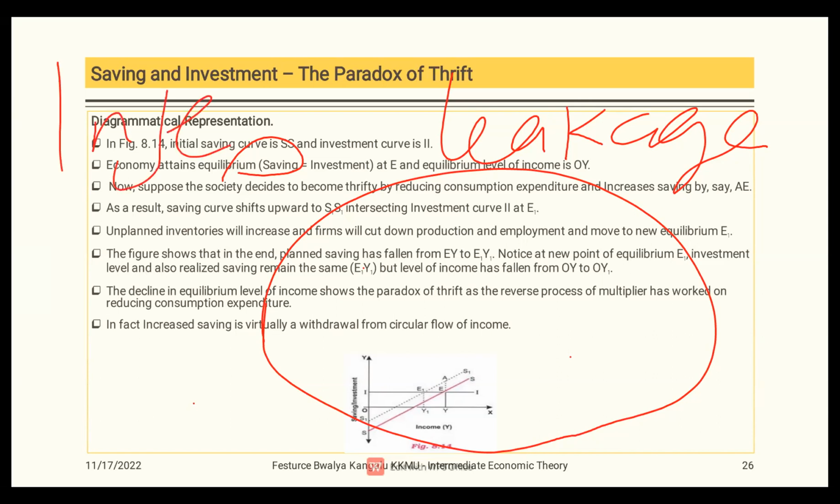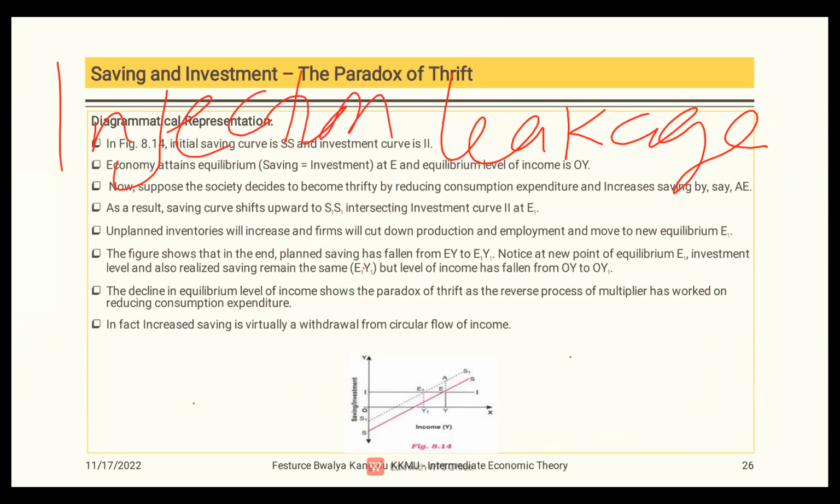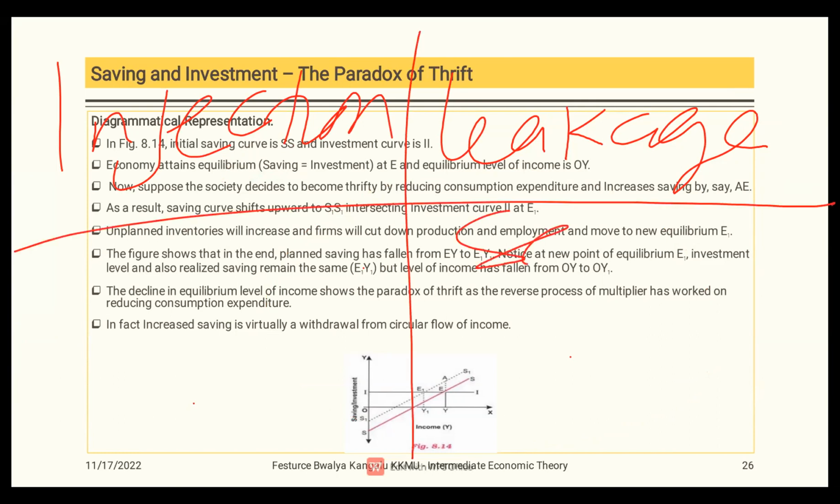So let me talk about injections and leakages quickly, fast forward from the circular flow of income. Under leakages, you have saving as a leakage, or a withdrawal from the economy. Then its contra injection is investment. So instead, the government will encourage investments, not saving. You're following?